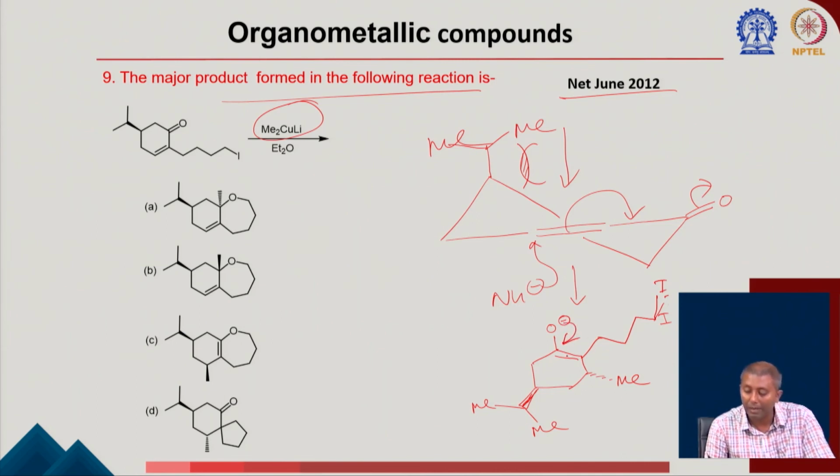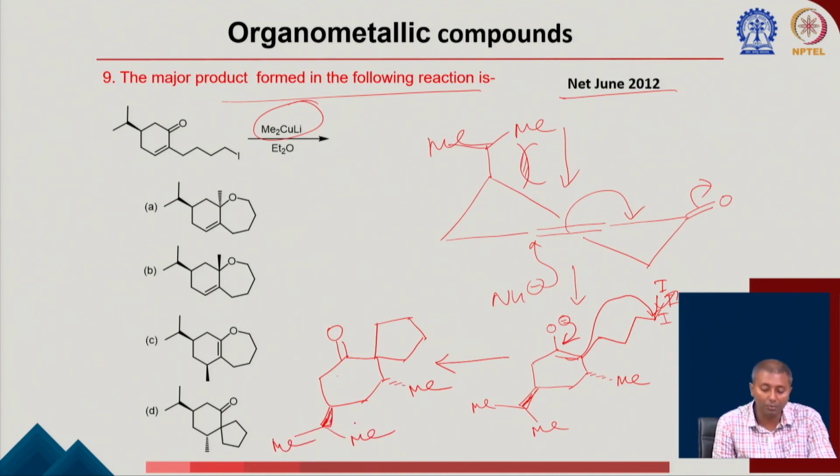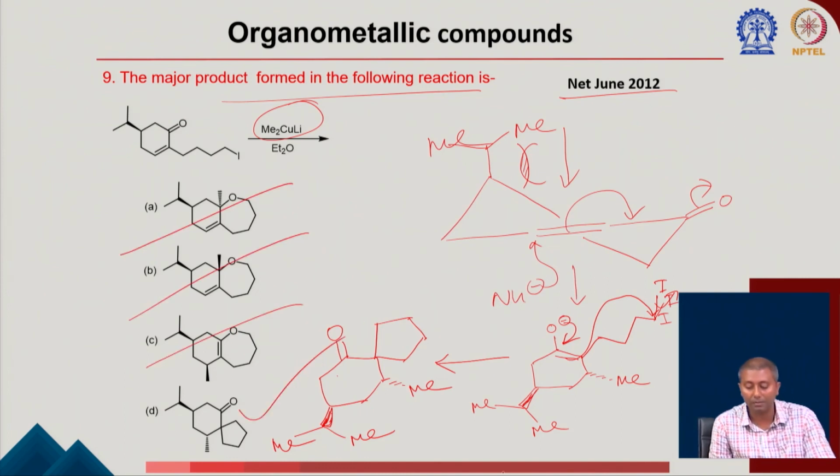What is going to happen is it will go for intramolecular alkylation to get rid of this iodine, and that can end up forming a spirocyclic compound. So this is going to be your correct answer. If you look into all the other answers, these are not correct. The option D is the correct answer.